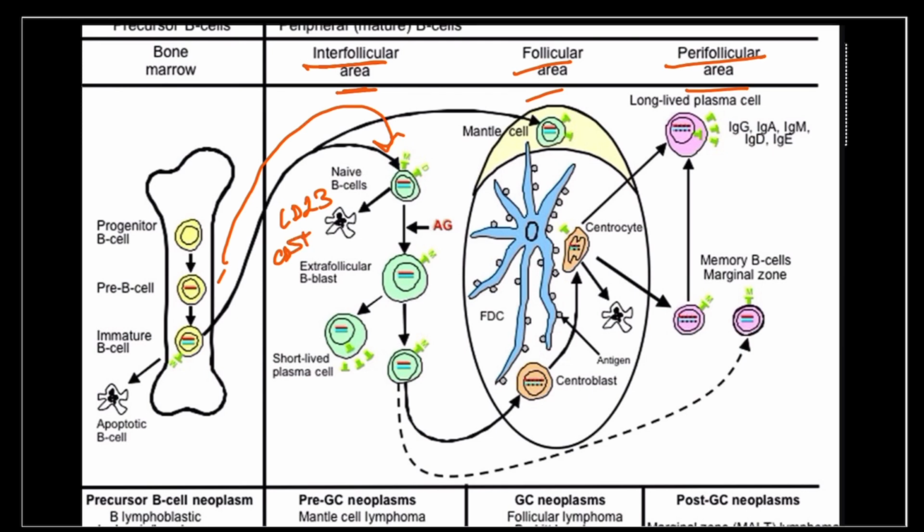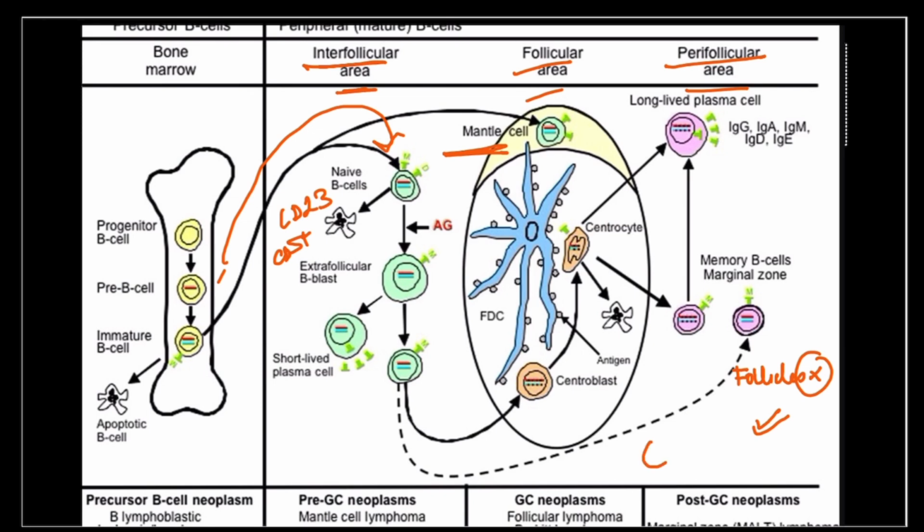But once the activation happens, they are going to form a germinal center. Now this germinal center will have what? It will have centroblasts in the darker areas and centrocytes in the lighter areas.